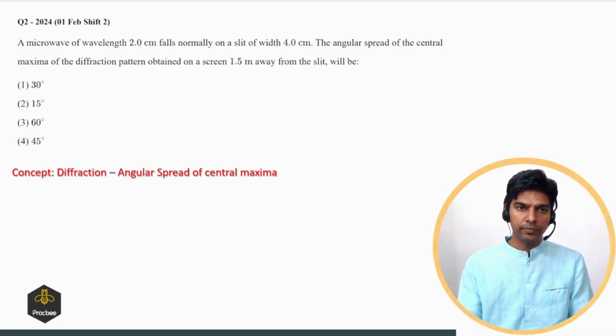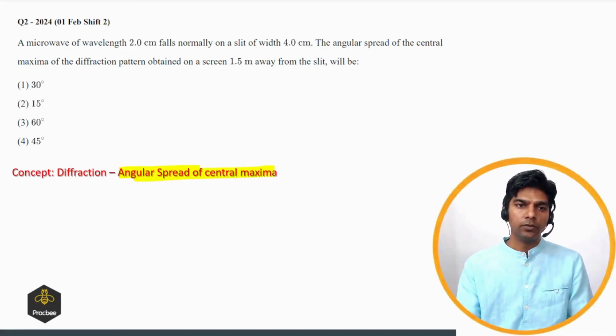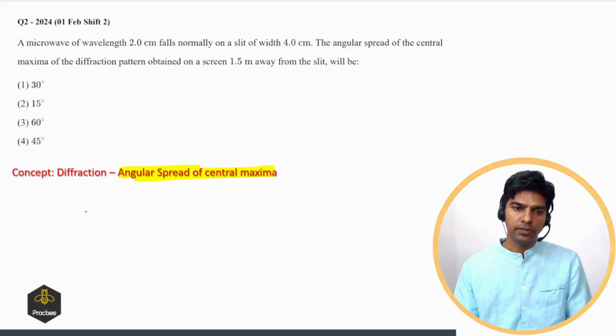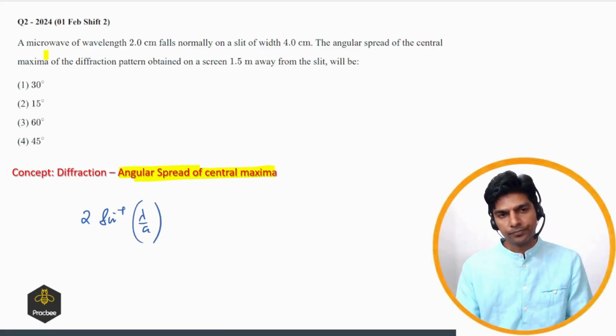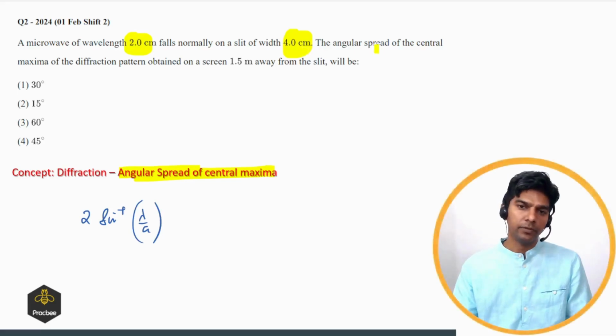Now the next concept or next problem type is based on angular spread of the central maxima. Now the angular spread of central maxima is 2 times sine inverse lambda by A. Let us see the question. A microwave of wavelength 2 centimeter falls normally on a slit of width 4 centimeter. If you look at the wavelength and the width, they are comparable.